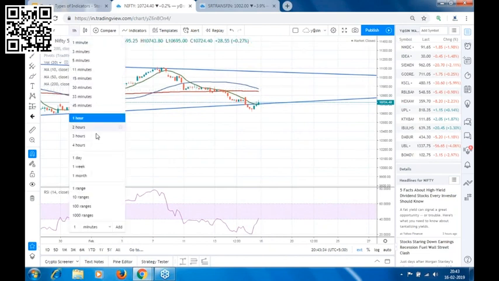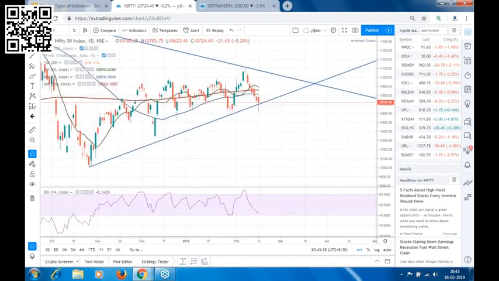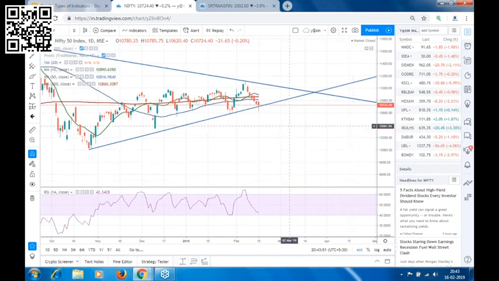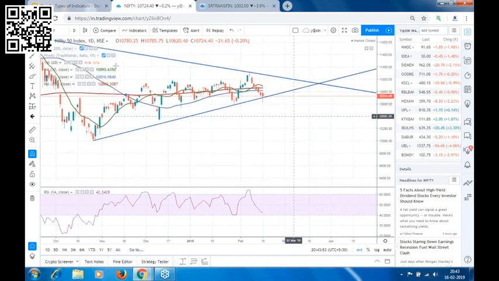If you see, there are multiple resistances in Nifty at the top at the moment. 10,780, then 10,820, then around 10,850, then 10,875. These are all resistance levels for Nifty.